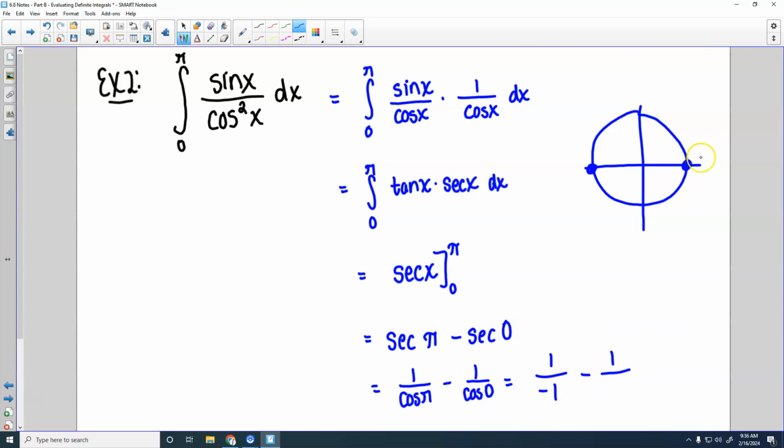That would be sine of 0. This is 1, 0. The x coordinate is your value there. So we're going to get negative 1 minus 1, which is negative 2. Okay. Questions so far?